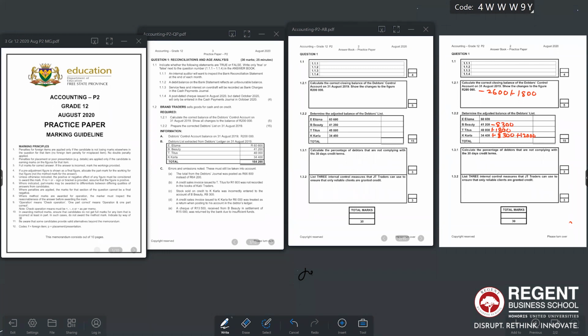The fifth one, I'm just going to substitute. Instead of cheque, I'm going to say an EFT, electronic funds transfer. An electronic funds transfer of 13,500 received from Beauty in settlement of an account of 15,000 was not processed by the bank. We're going to say it never went through.